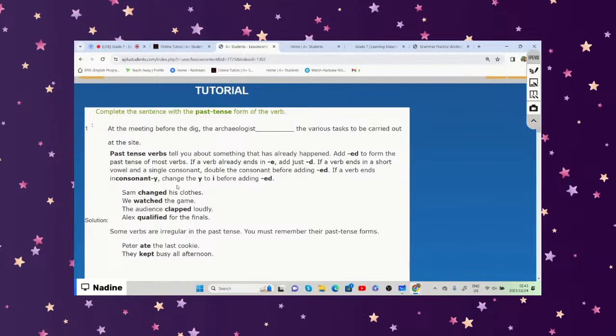And then Alex qualified for the finals. Which means that the present tense of qualified is qualify. But now they said if your verb ends in a consonant y, we change that to an ied.